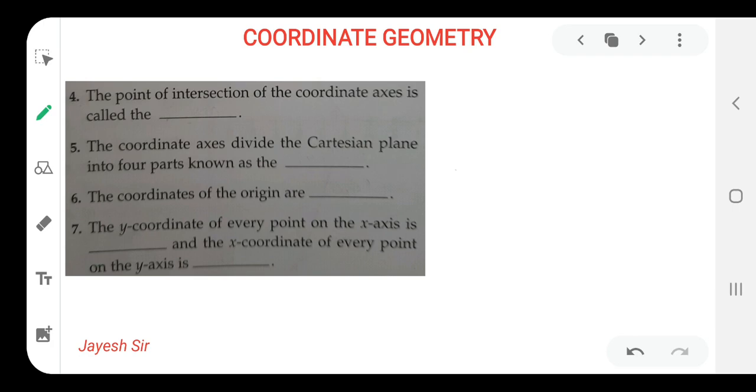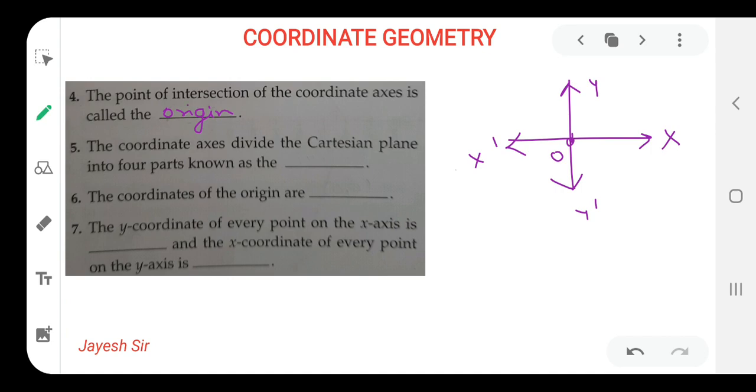The point of intersection of the coordinate axes. I have already told you in the first lecture, two axes are there, x-axis and y-axis. This is x dash, this is y dash. This is the point of intersection, 0. What was the point named as? The point was named as origin. So the answer for the first fill in the blank is origin.